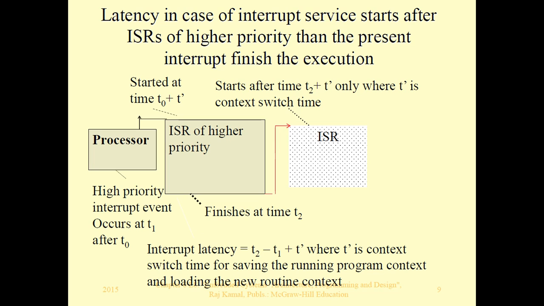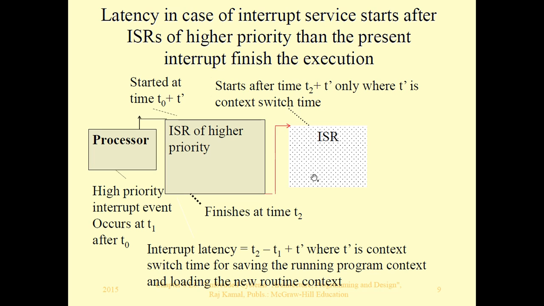So this is how it occurs. That means at the processor, when a higher priority interrupt event occurs at T1 after T0, it is started at T0 plus T dash. T dash is the context switch time. Then the ISR of the higher priority is running inside the processor, and it will finish at the time T2.